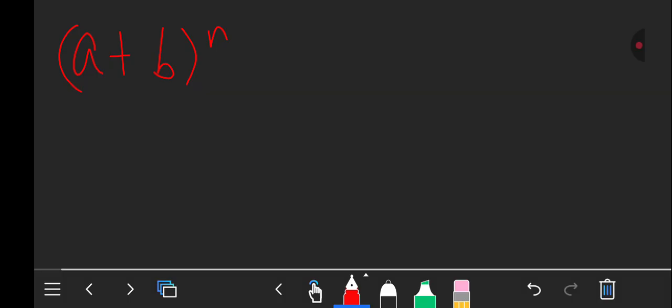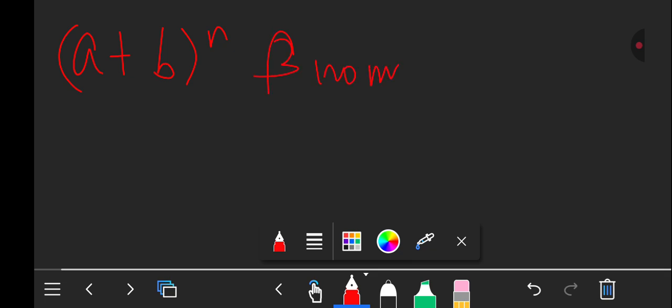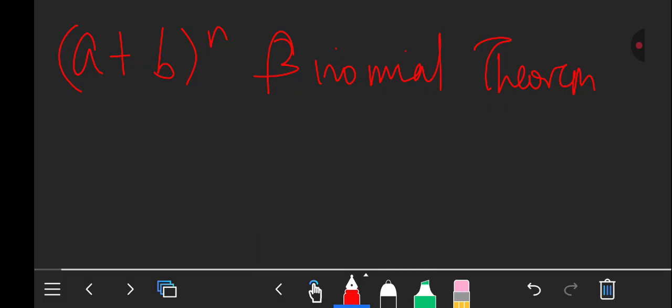So with binomial theorem, this is what you get to do. I need you to know the formula when you have this expansion, a plus b to the power n.